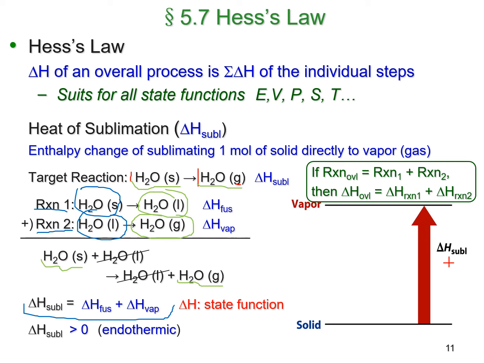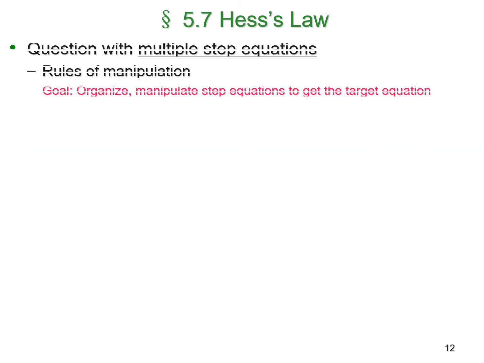This is our approach to solve chemical problems with Hess's law. So one of the applications of Hess's law is to answer questions with multiple step equations. In order for us to get it, we have to go through certain steps of manipulation. Our goal here is to manipulate those step equations so that we can get the target equation back.